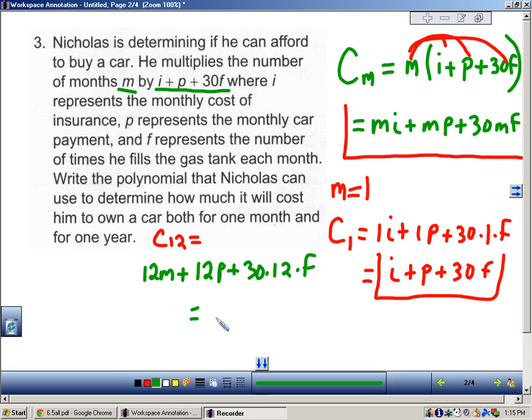Simplifying that expression, it becomes... okay. Next question.